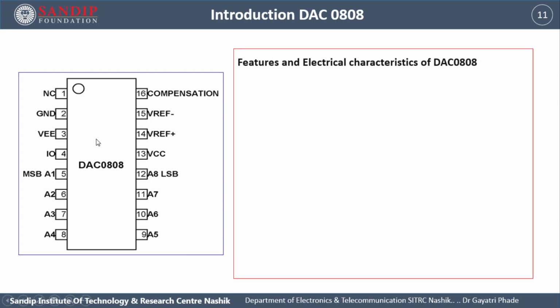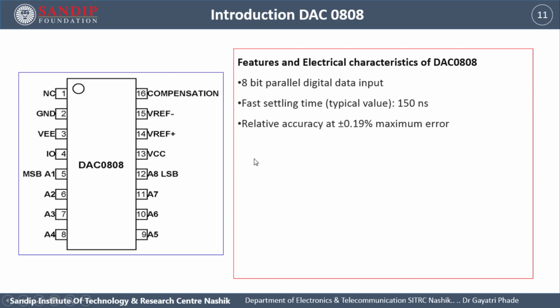Let us understand the specification of this DAC 0808. This is 8-bit parallel digital data input. Fast settling time typically 150 nanosecond. Relative accuracy is 0.19%, maximum error we can get. Full scale current match is plus minus 1 LSB.